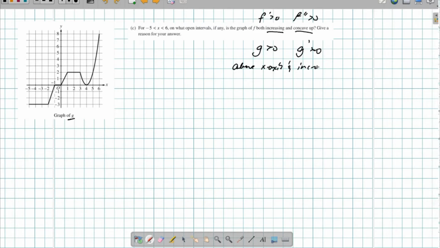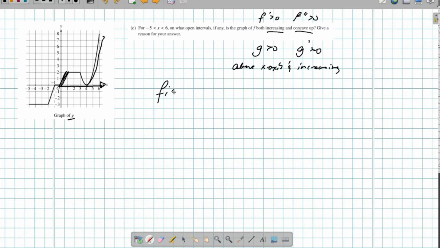and increasing. Well, I know it's above the x-axis from 0 onwards, but it's only increasing from 0 to 1 and from 4 to 6.